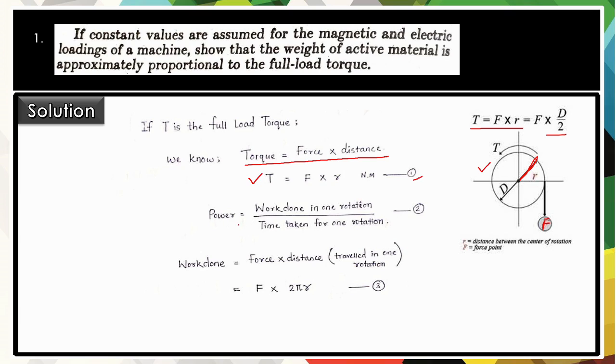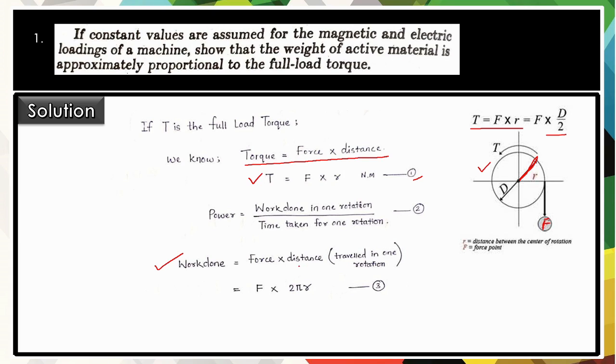Then we know power equals work done in one rotation divided by time taken for one rotation, where work done equals force into distance.